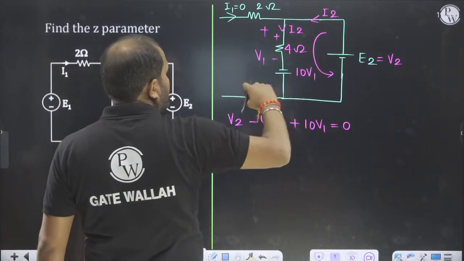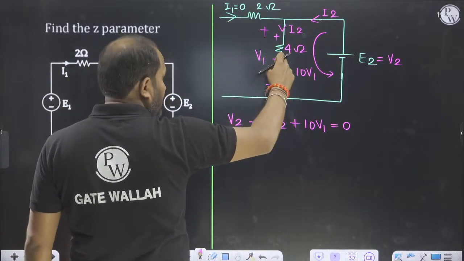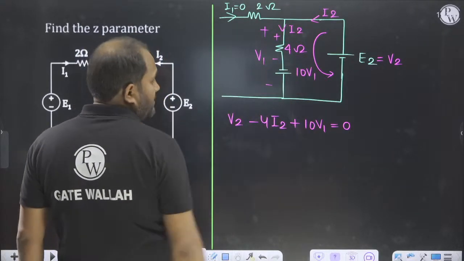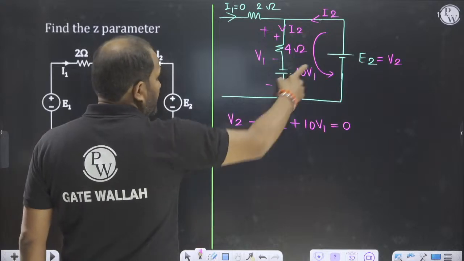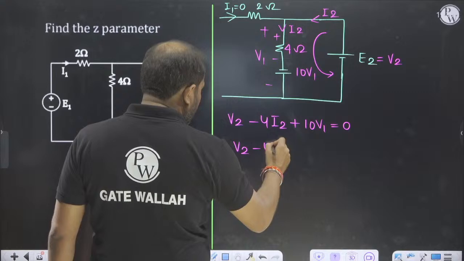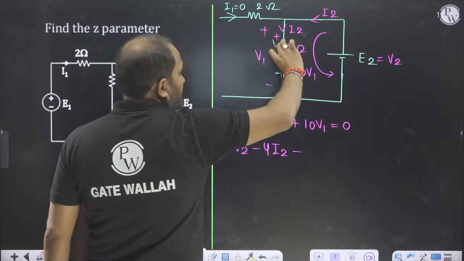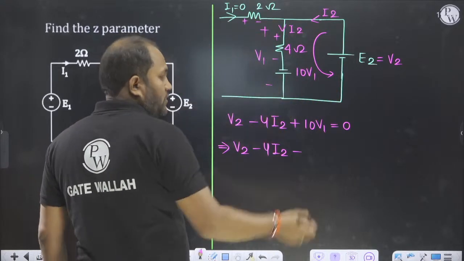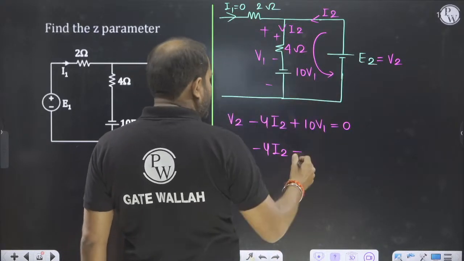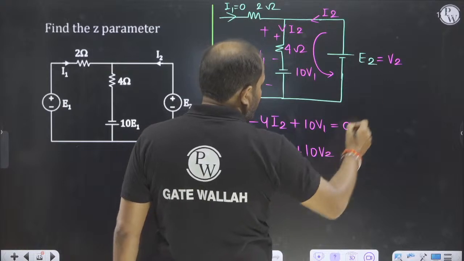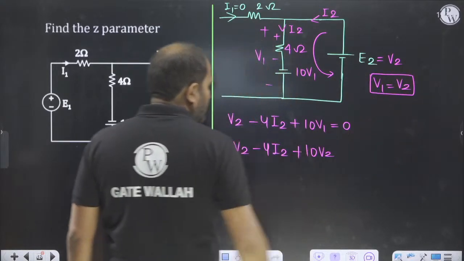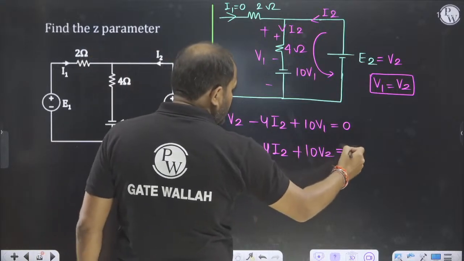V1 and V2 are the same, and the drop across the 2 ohm is 0. So V2 minus 4I2 plus 10 V2 is equal to 0.